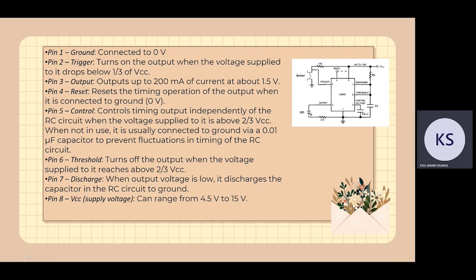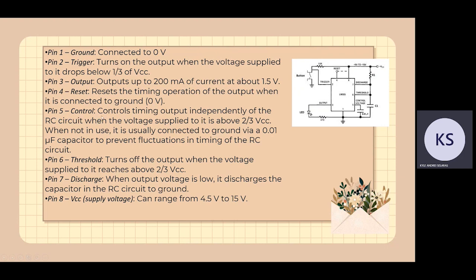Pin 3, the output pin, outputs up to 200 milliamps of current at about 1.5 volts. Pin 4, the reset pin, resets the timing operation of the output when it is connected to ground. Here, our reset pin is connected to positive, so it will not reset.